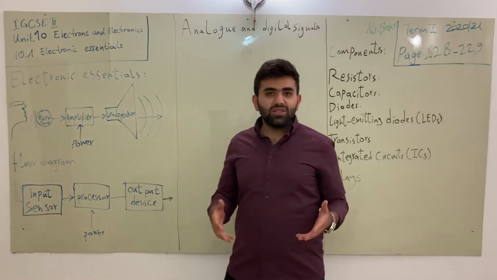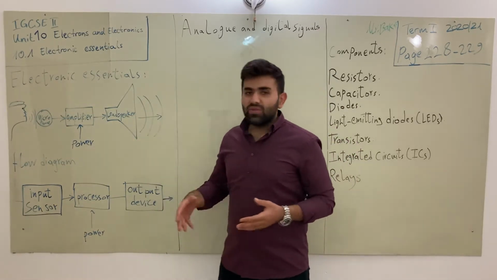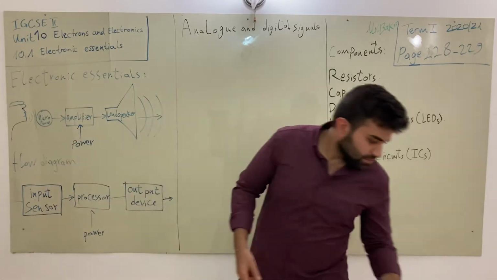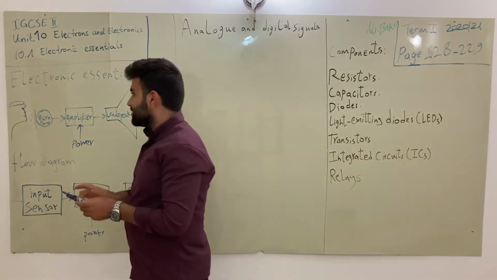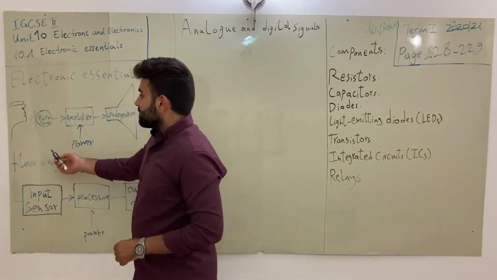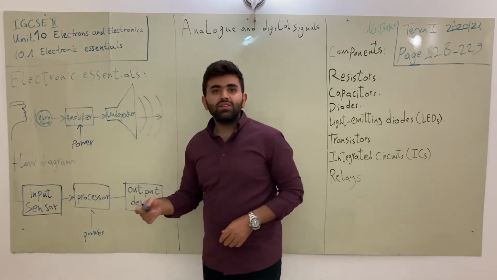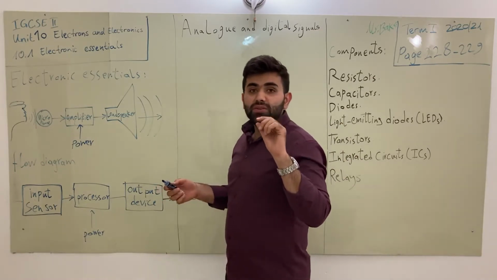Today we're just going to take the electronic essentials. For example, we have a man talking. This man makes sound, right? The sound gives the microphone small changes in the current.